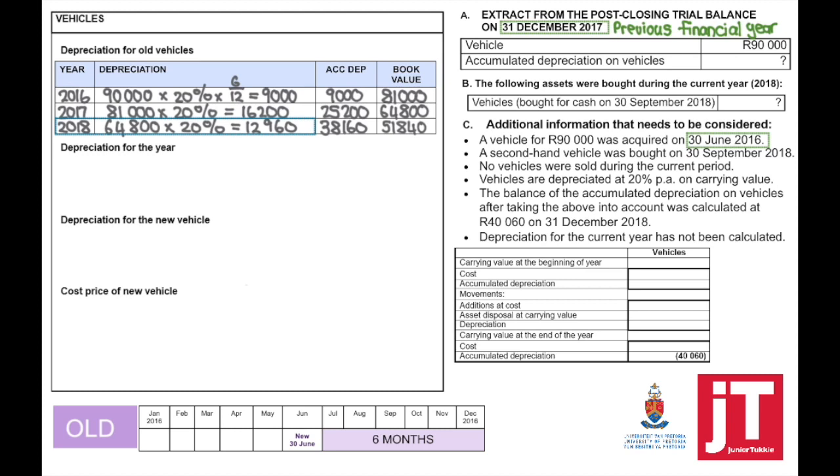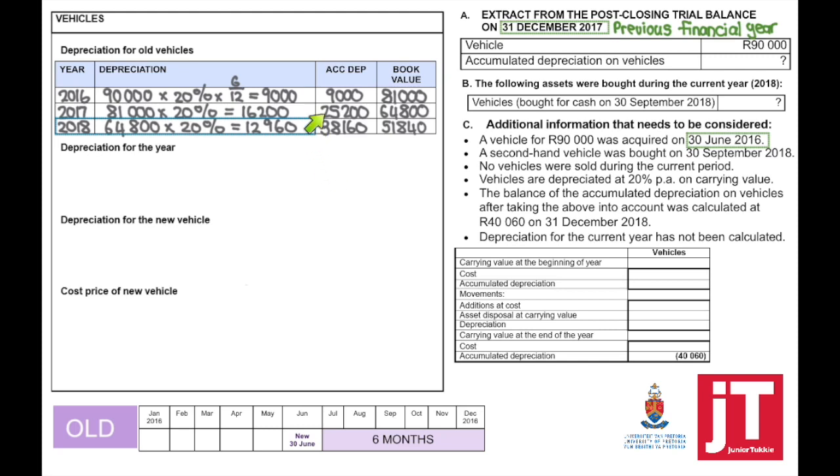We have to calculate now the depreciation for the year. Remember, the second-hand vehicle was bought on 30 September. So they didn't provide us with the cost. So we cannot calculate depreciation using the cost because that is unknown. So what have they provided me with? They did say to me the accumulated depreciation at the end was 40,060.